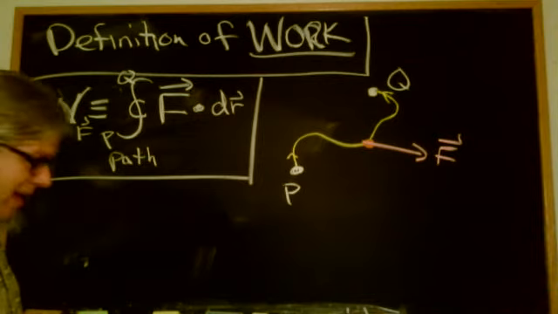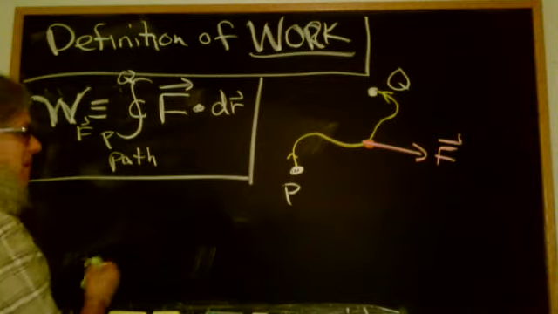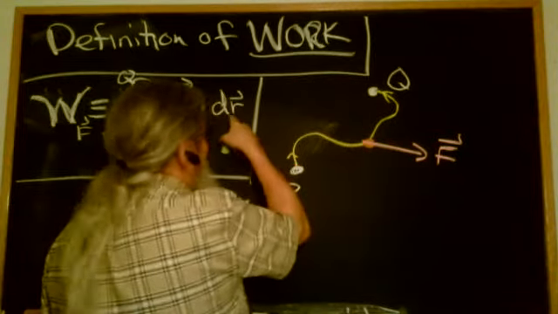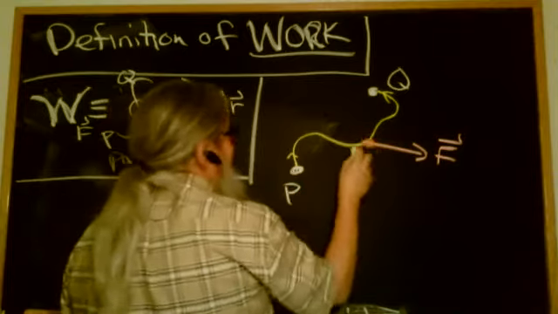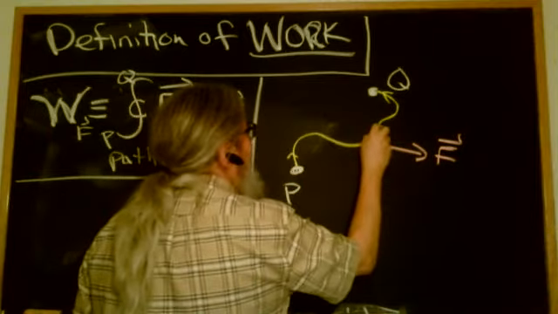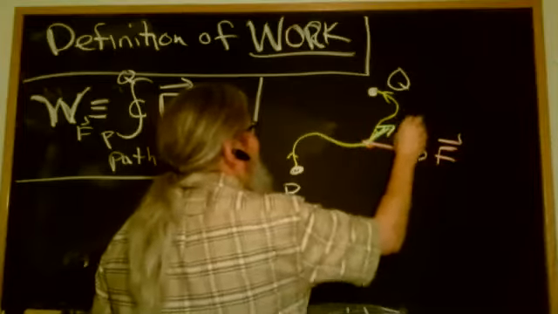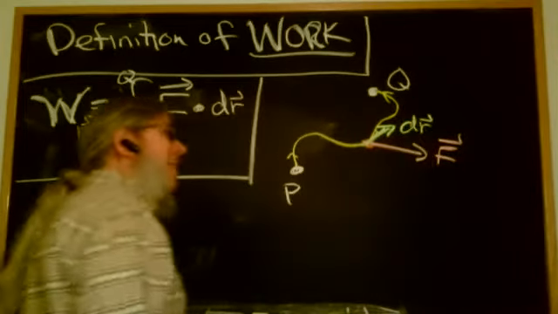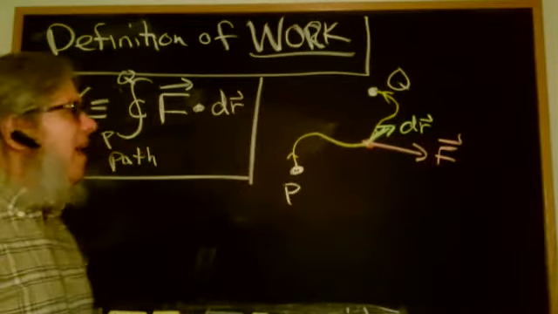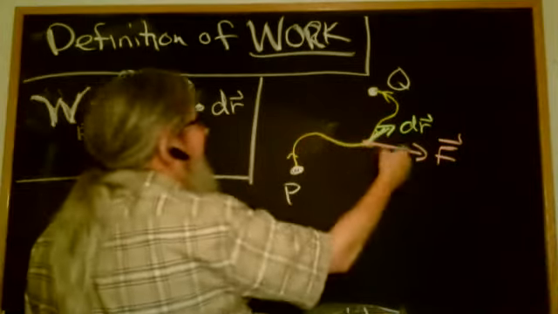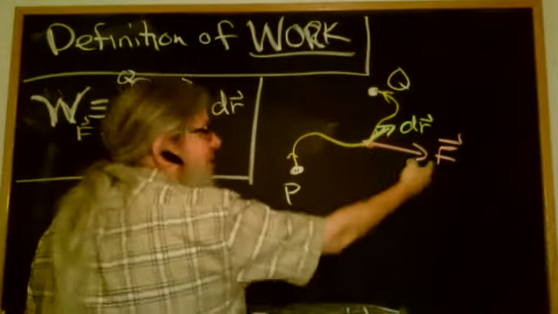What I mean by that is that at this particular position, if I draw a tangential vector corresponding to the change in position, in other words a vector that is lined up with the tangential direction, dr, and its length is infinitesimal, then the work is basically the integral on this path of this infinitesimal dotted with that force vector.